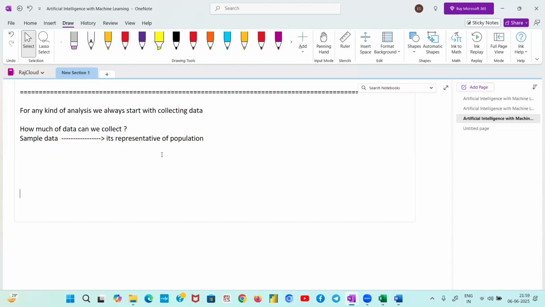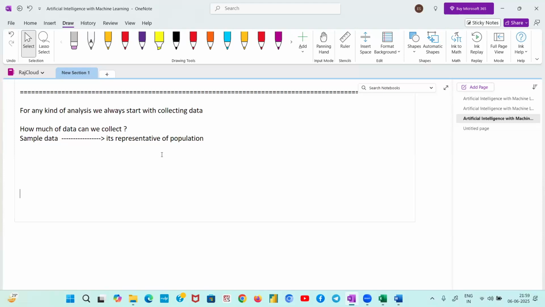Now if I ask you, will you ask these questions to all the existing users? No. Existing users means the same bike is already being used by so many people, say some one lakh people over one year.